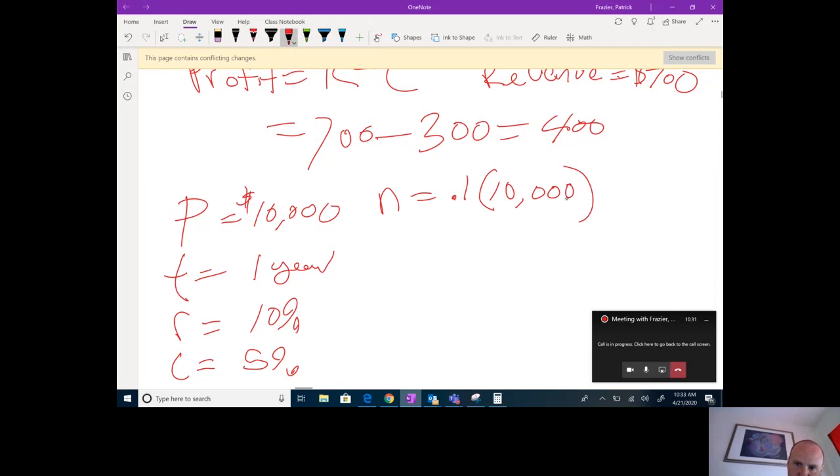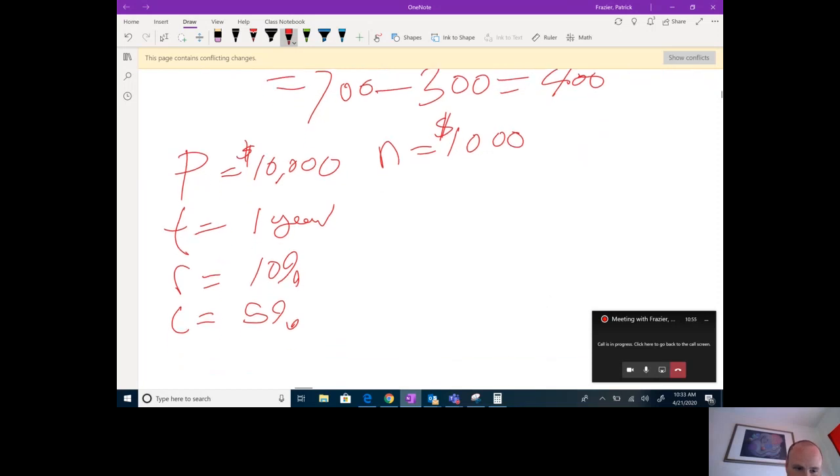If we're just moving that over one decimal place, that's going to be equal to $1,000. So N equals $1,000.